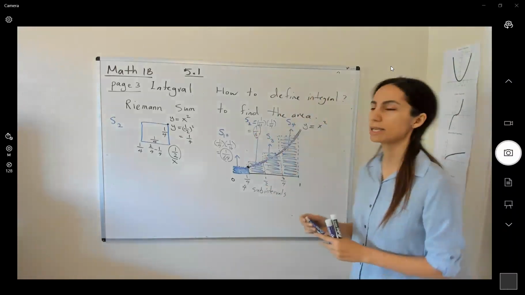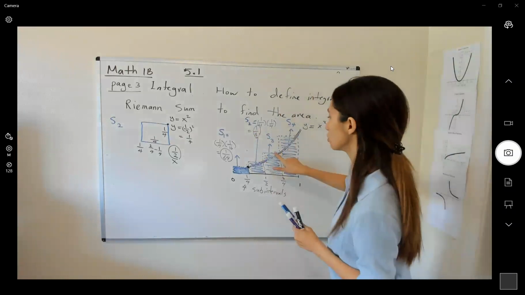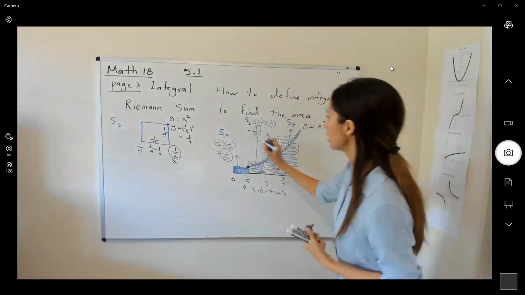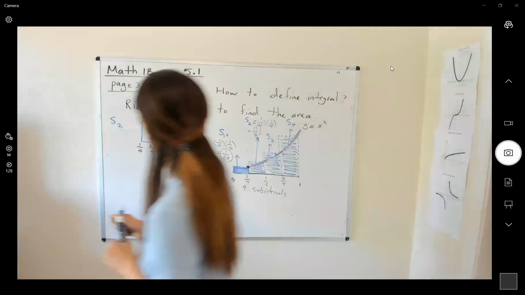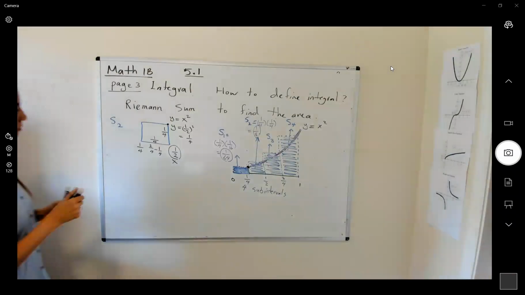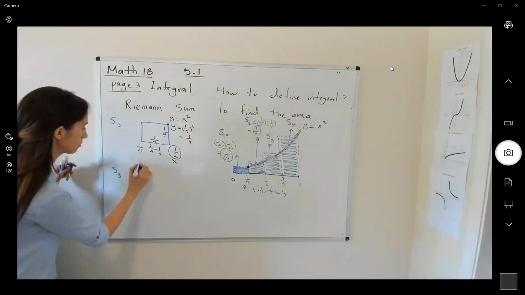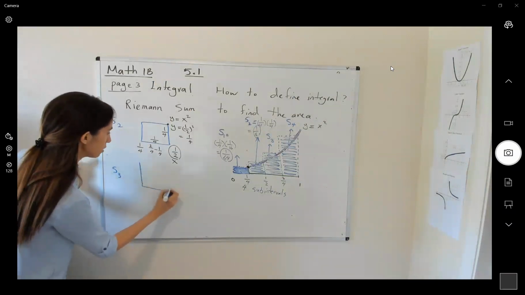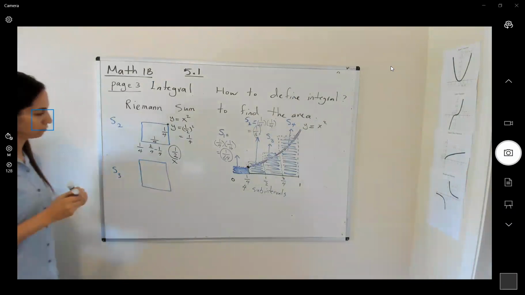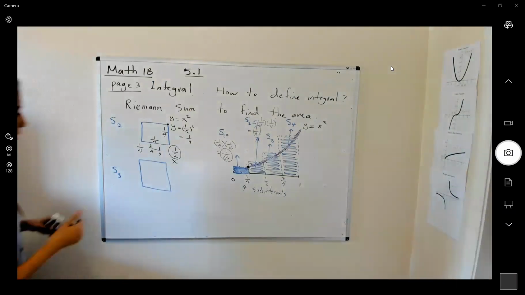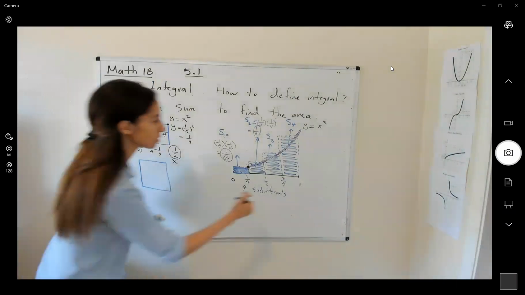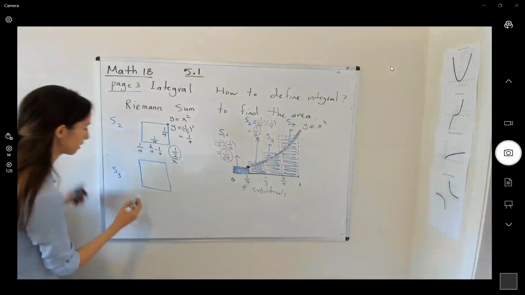I continue the same process, the same logic to find the area of S sub 3 and S sub 4. For S sub 3, I have another rectangle here, and I know that it starts at a half and stops at 3/4.